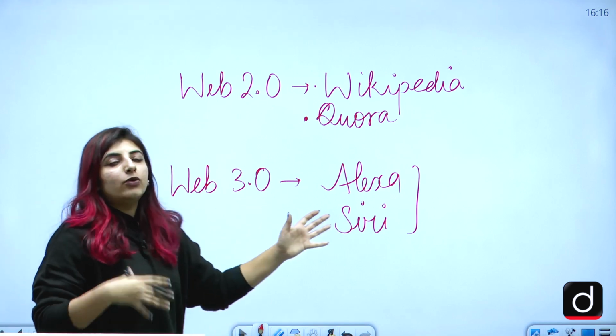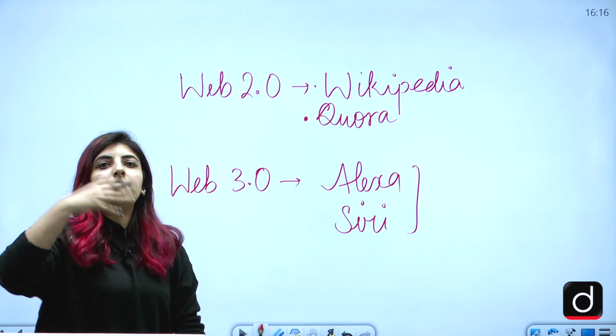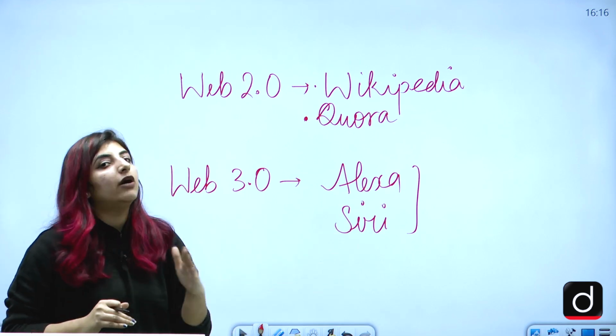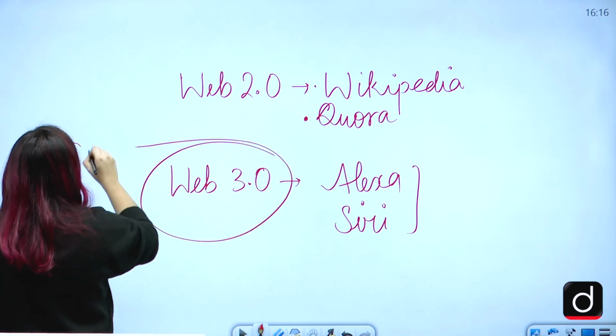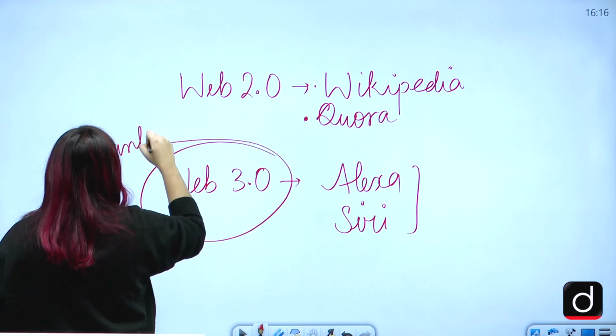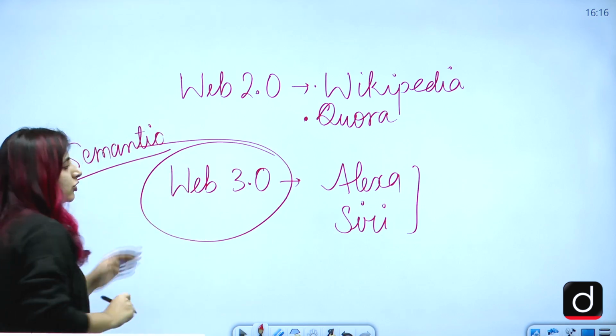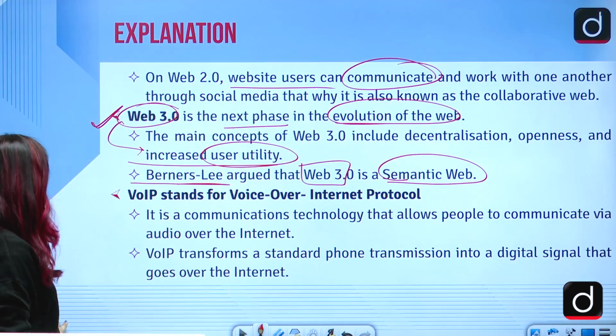So using Alexa, you can give commands to the machine. A machine to machine conversation is happening. That's why it is known as the semantic web, correct? So these are the 2 examples of Web 3.0.